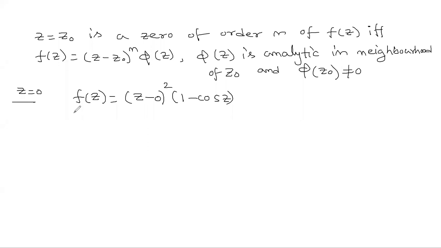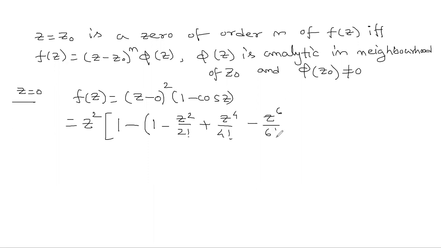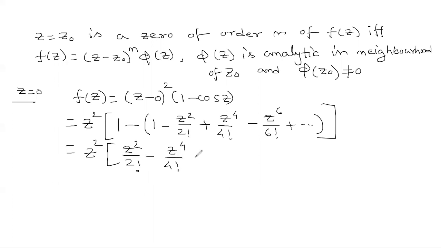So if I write the expansion of cos z, it is 1 minus z squared by 2 factorial plus z power 4 by 4 factorial minus z power 6 by 6 factorial and so on. So 1 minus cos z is z squared by 2 factorial, then minus z power 4 by 4 factorial, plus z power 6 by 6 factorial, and so on.